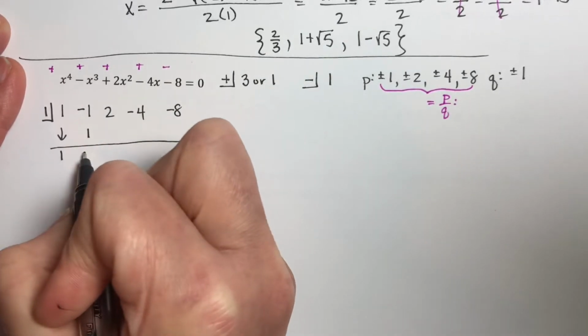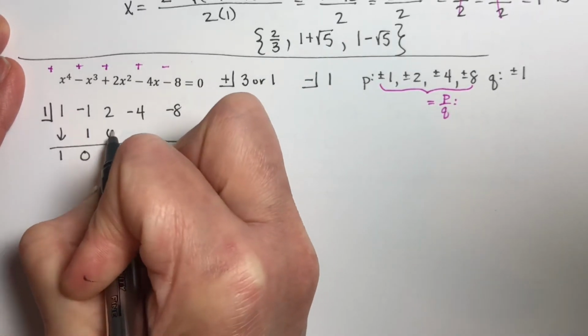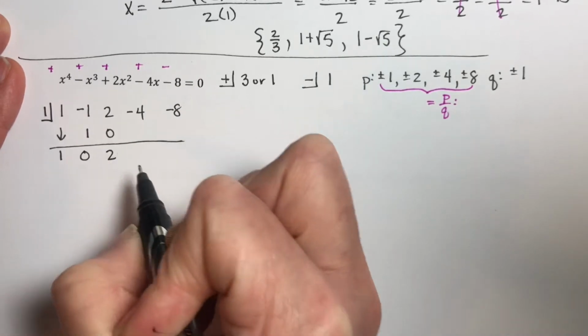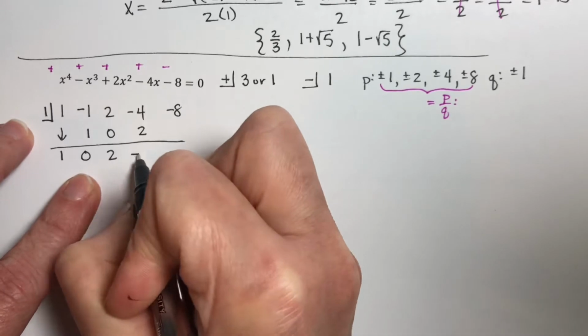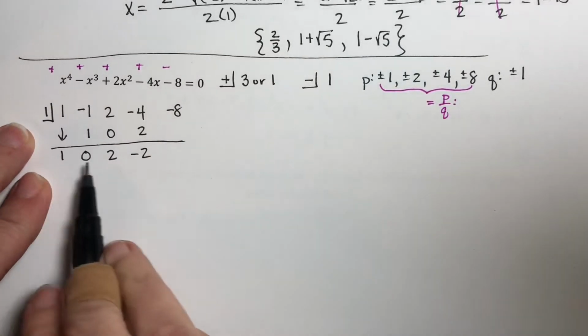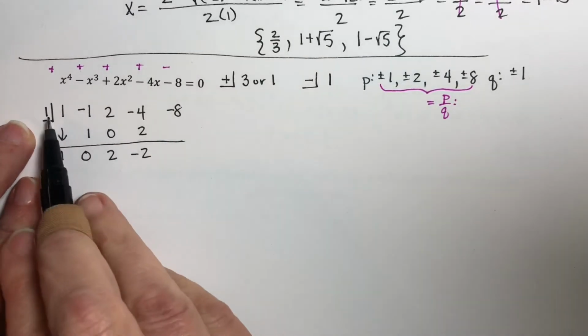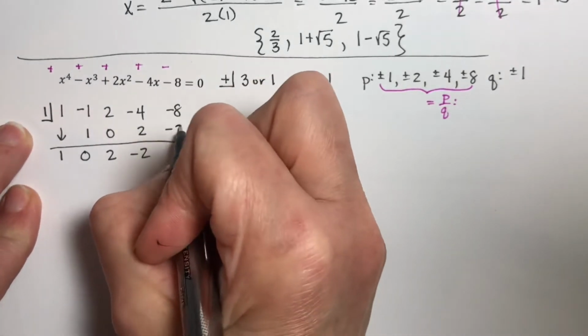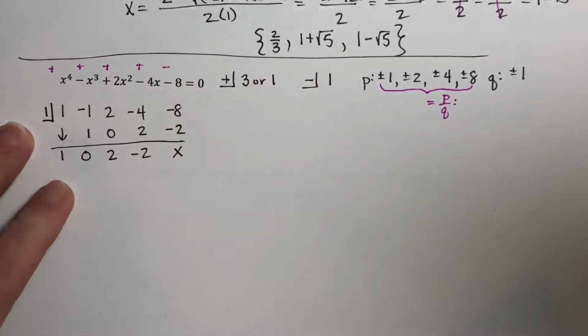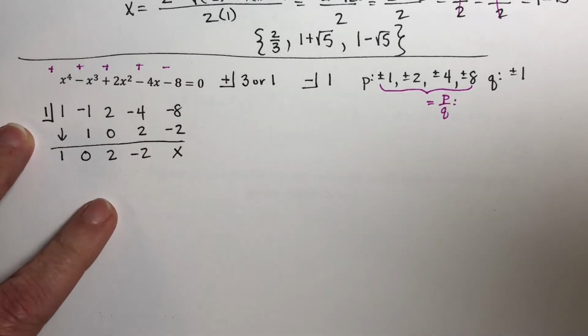Multiply, and you get a 1. Add to 0. Multiply, that's a 0. Add 2. Multiply, that's 2. Now add, that's a -2. So since I have a different sign here, I know this is not an upper bound. -2 times 1 is -2, and that does not give me a 0 there. So 1 did not work.